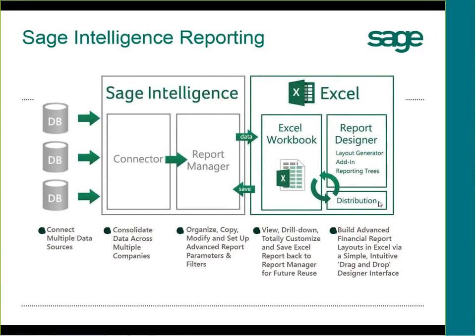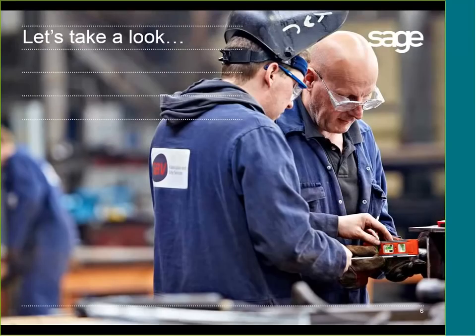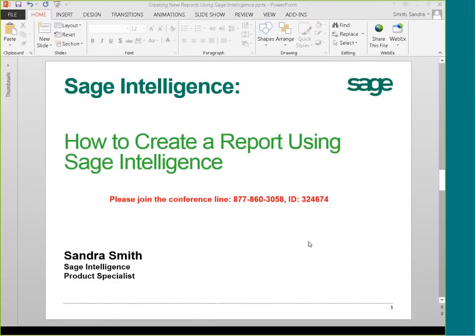It's the Excel template that shows all of the data that you're viewing, that you can edit in Excel. You can use 100% of Excel functionality with your report. All right, let's go ahead and take a look at Sage Intelligence.